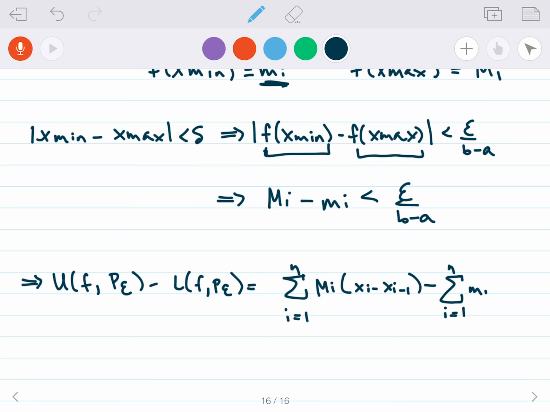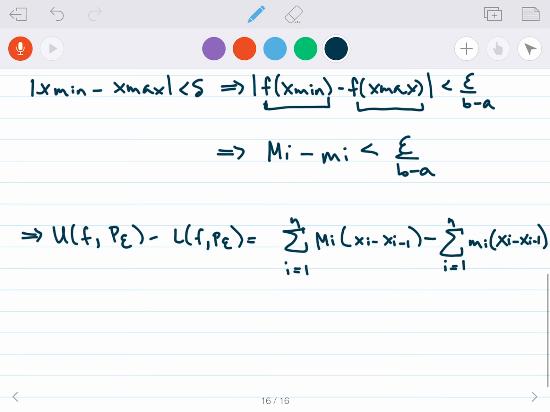This is going to be little m_i times (x_i minus x_{i-1}). And then, since I'm adding to n in each of these pieces, I can simply factor out and combine these sums into one.